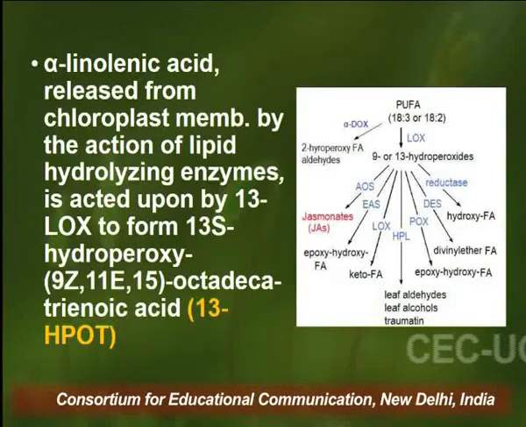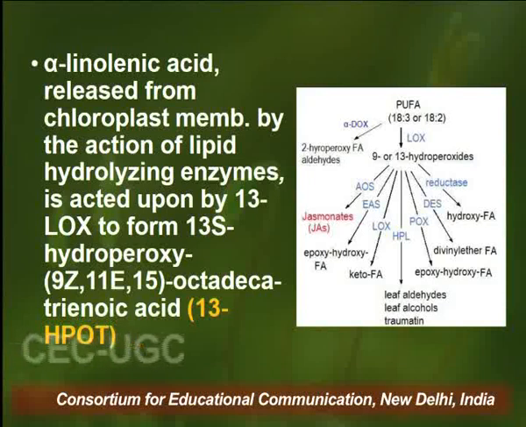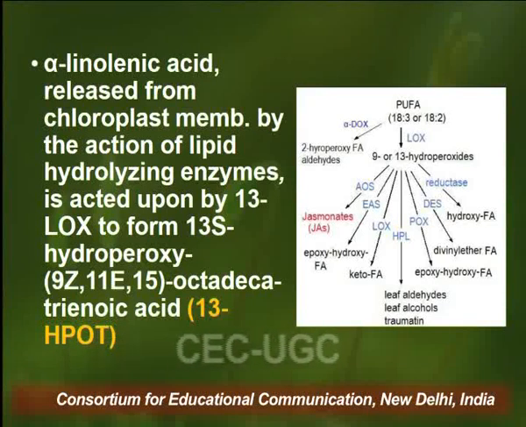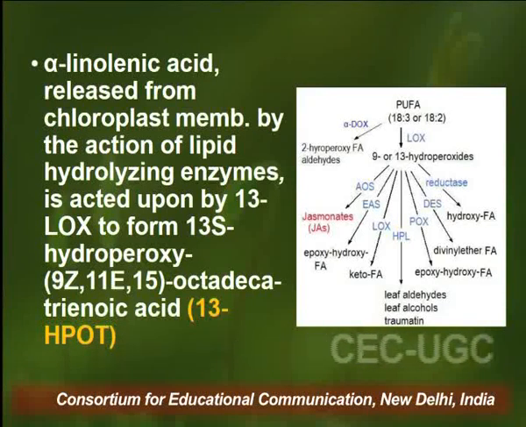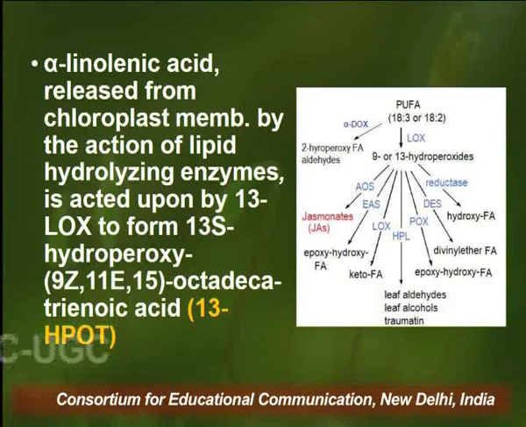So it all starts with alpha-linolenic acid, and as you can see, PUFA in the plant system are acted upon by the LOX enzyme, that is the lipoxygenase enzyme, thereby producing various downstream molecules. Amongst these molecules, jasmonates are the ones we are mainly concerned with.